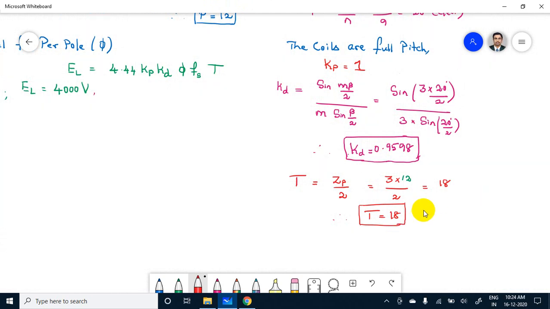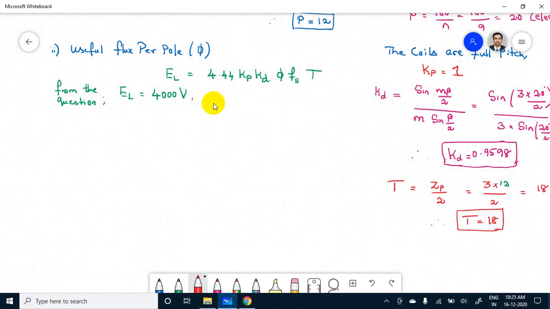Okay. Now rewrite this above formula. Flux per pole equal to EL divided by 4.44 kp kd fs into T. Now substitute all the parameters.